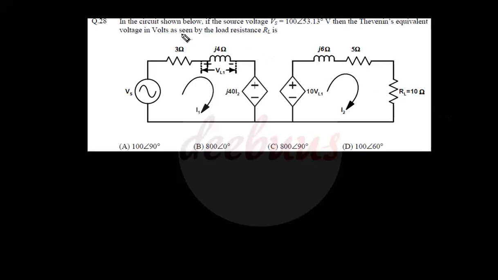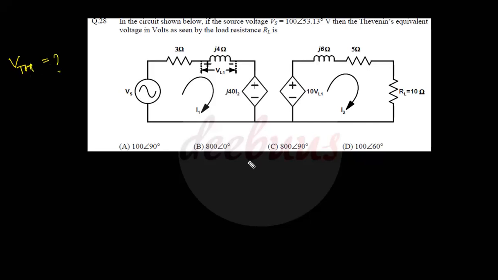Moving to the 2 mark question. In the circuit shown below, if the source voltage Vs equals 100 angle 53.13 degree volt, then the Thevenin's equivalent voltage in volts as seen by the load resistance RL is? Here we have to evaluate the Thevenin equivalent across RL equal to 10 ohm.